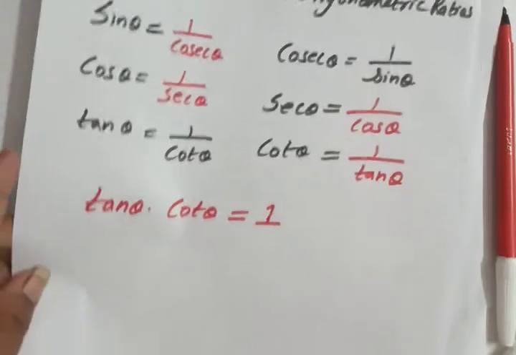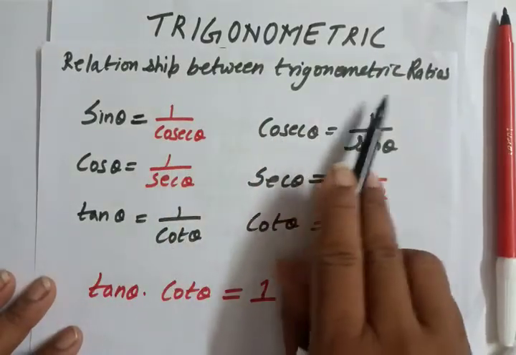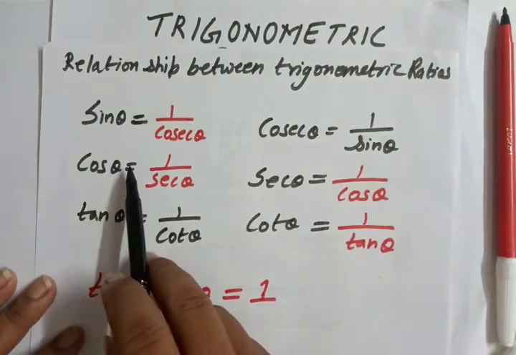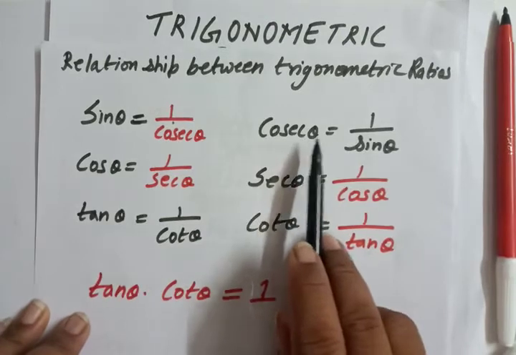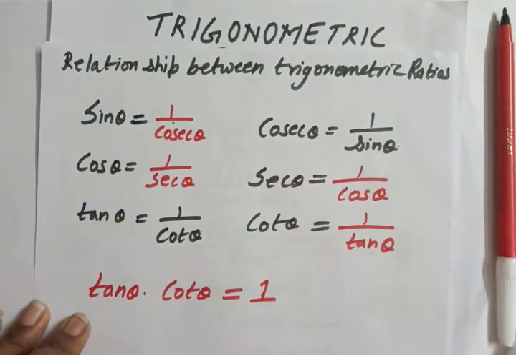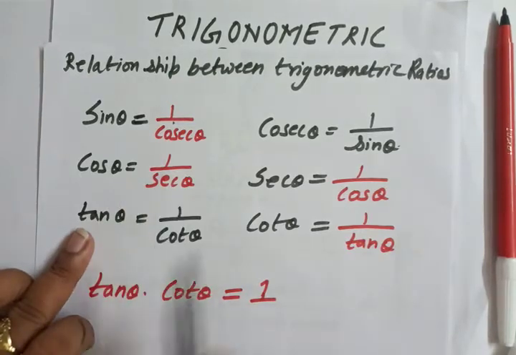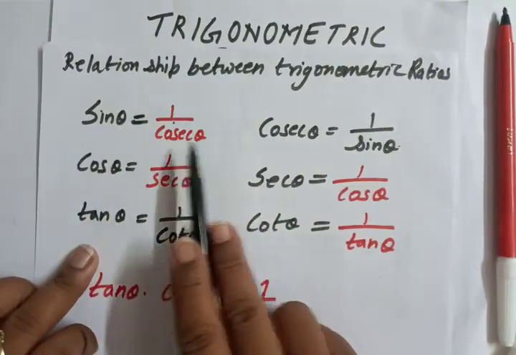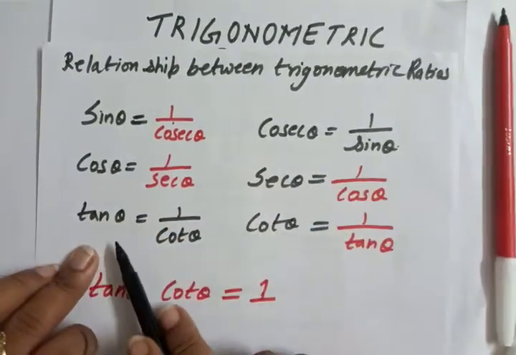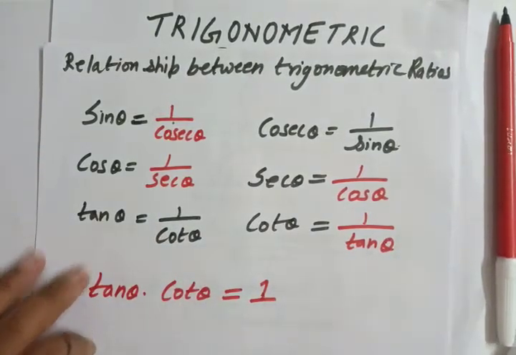Now come to the relationship between trigonometric ratios. As I already told you, sin theta is equal to 1 upon cosec theta, cos theta is equal to 1 upon sec theta, tan theta is equal to 1 upon cot theta, and cot theta is equal to 1 upon tan theta.